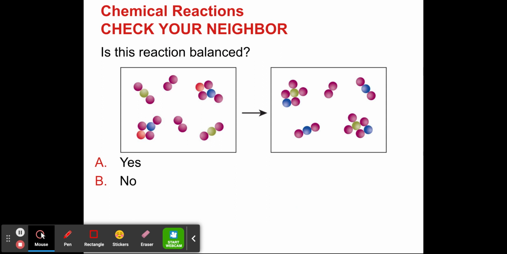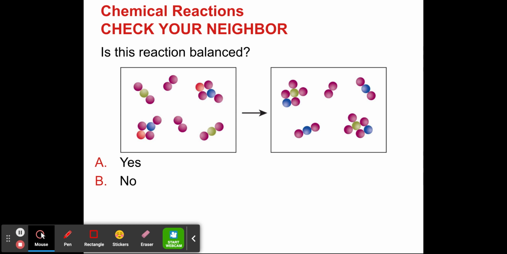So if we look at this reaction, how do we make sure that the number of atoms at the beginning and the number of atoms at the end is conserved?